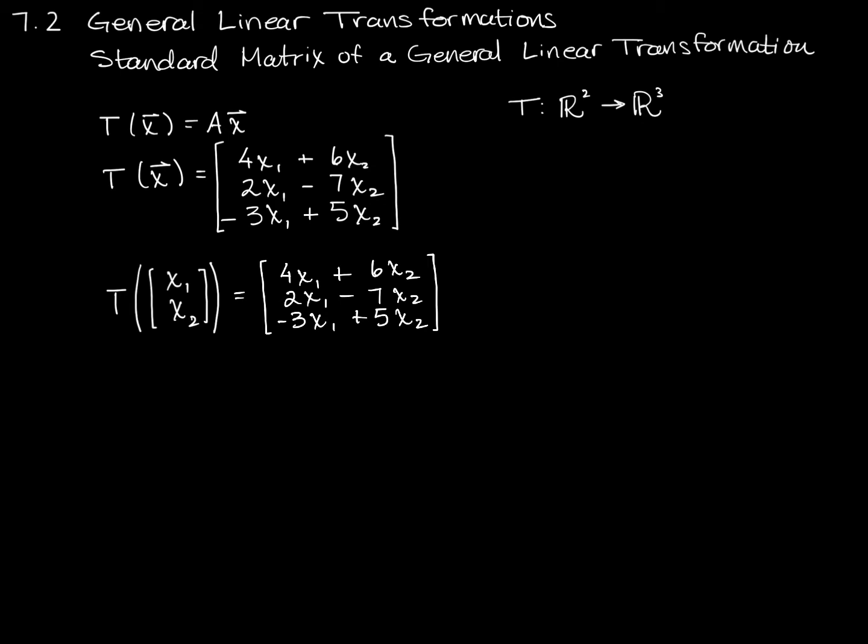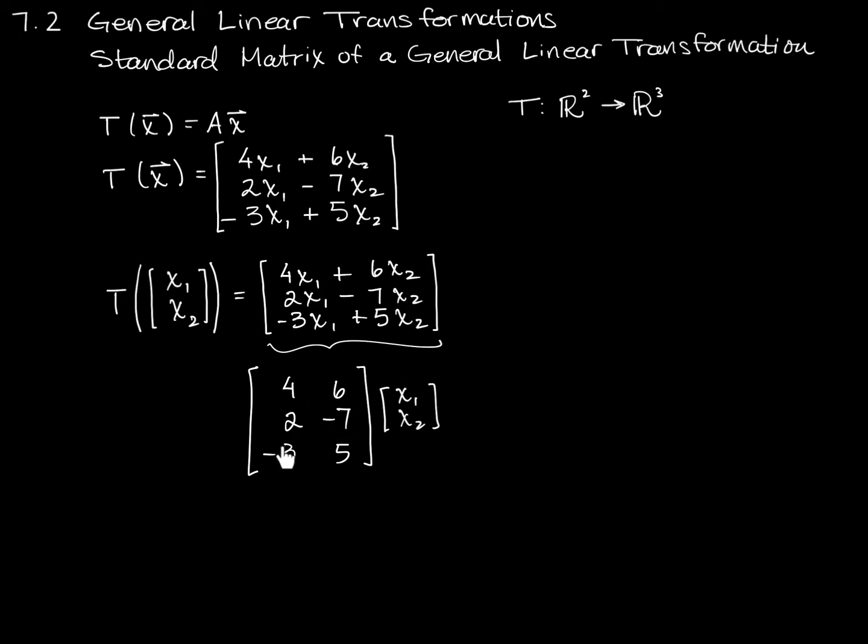And we can write this right-hand side here as a matrix equation. We can say that that is the matrix with rows 4, 6, 2, -7, -3, 5 times the vector x1, x2. I'm basically undoing matrix multiplication here, because I'm multiplying this row by this column.